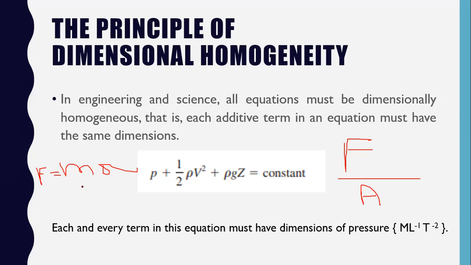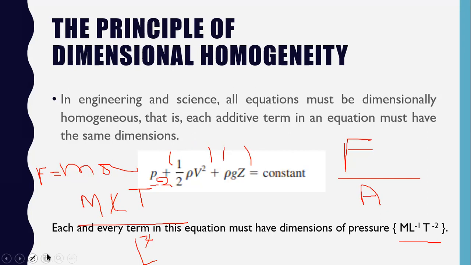The basic dimension for mass is M, and acceleration is displacement per time squared, so L T power minus 2. So the dimension of force is M L T power minus 2. Then the area is just L power 2. These two L terms cancel, and the answer is M L power minus 1 T power minus 2. Likewise, you can derive it for the other terms.